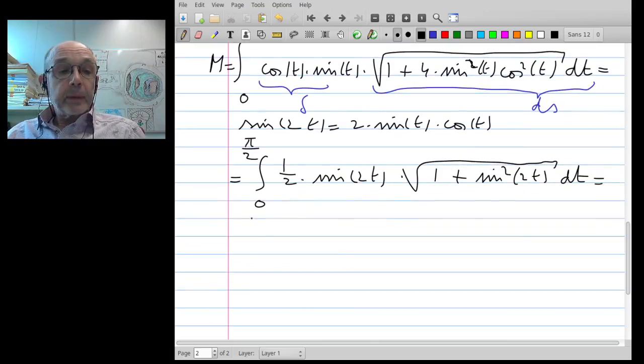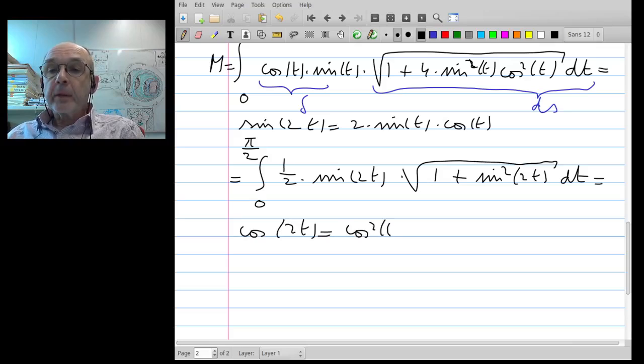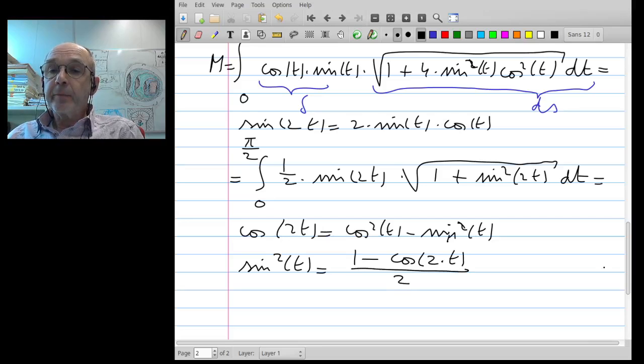Then I know the cosine of 2t is equal to cosine squared minus the sine squared, and so I see that the sine squared of t is equal to 1 minus the cosine of 2t divided by 2.